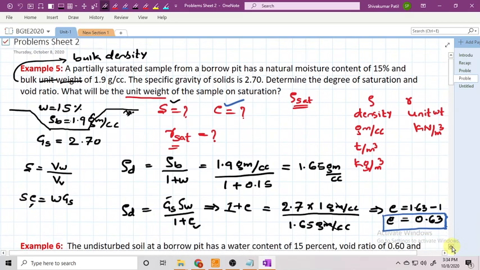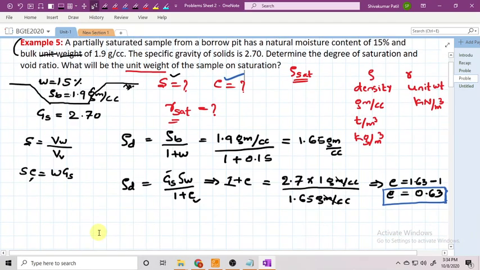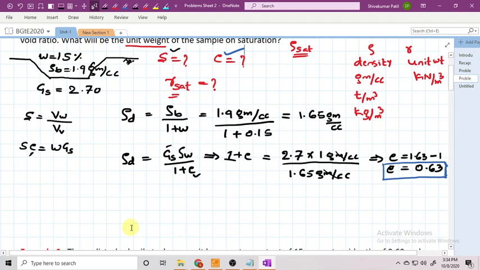The second parameter I should calculate is the degree of saturation. So what is the formula I have? I have the formula S E equals W into GS.